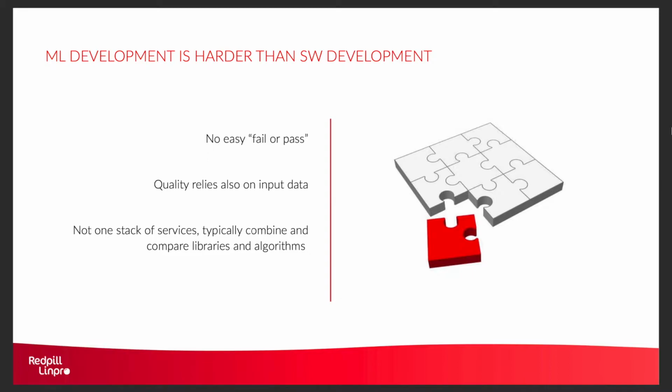A software developer doing a piece of code can very easily verify if it actually works or if it doesn't. But with ML code, it doesn't really work that way. So you can have a model that actually works, but it can give out maybe wrong predictions or not good enough predictions. In addition, you have the quality of the data. If you have a sort of crappy data, you get a crappy model. So you have to have good quality data as well.